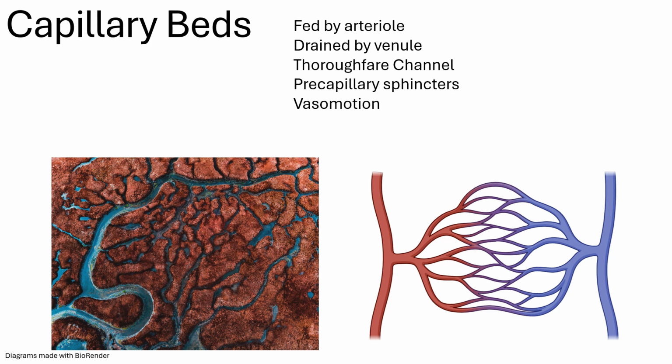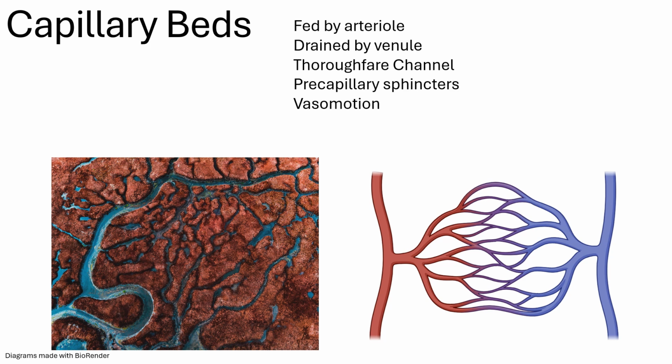This happens because, although each individual capillary is small in diameter, collectively they have a large combined surface area. If I were to take the diameter of all of the capillaries here and add it together, blood flow slows down in capillaries due to this increased collective surface area.